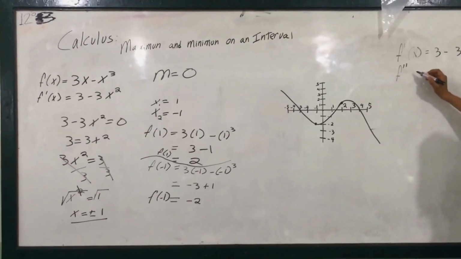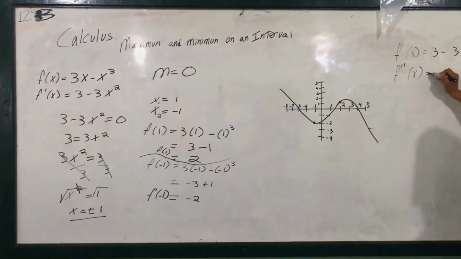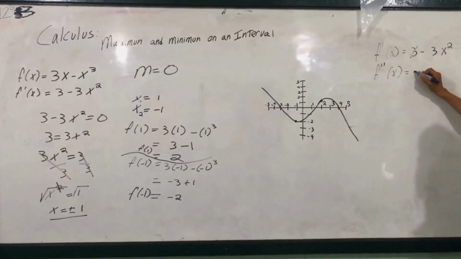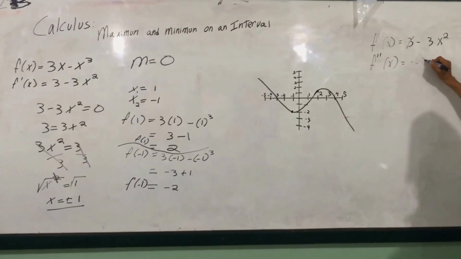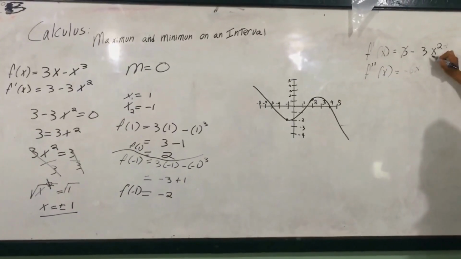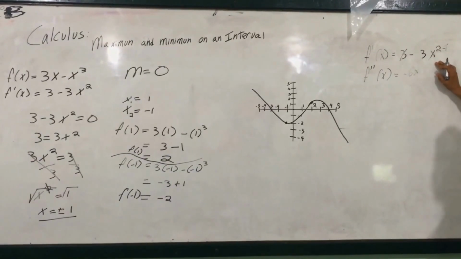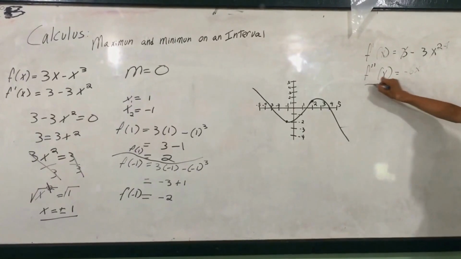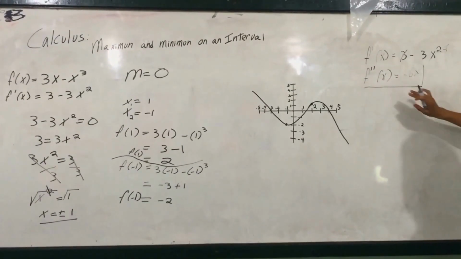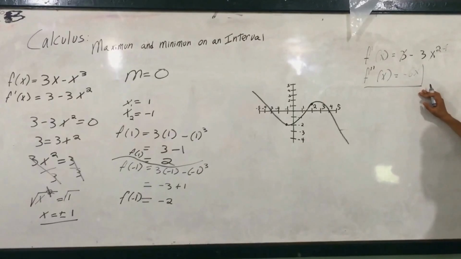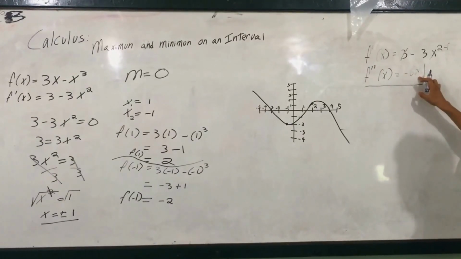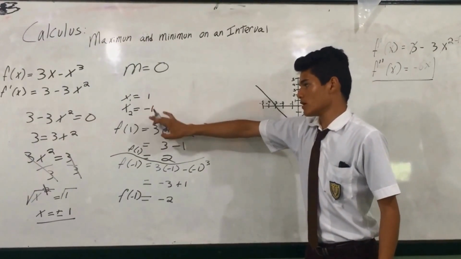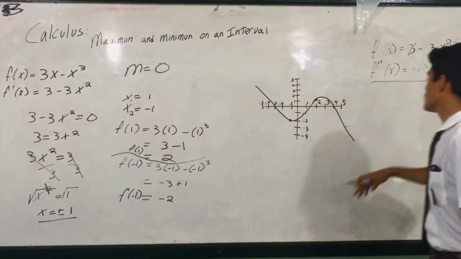Now it's f prime of x is equal to, this goes, because we know that this is a simple rule, and it's minus 6x. After we have this, we know this is a critical and important thing in these problems, because now I can replace x. We know that the first value of x is 1 and the second value is minus 1.